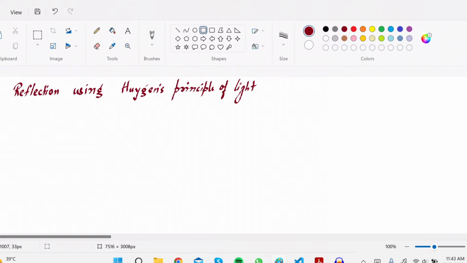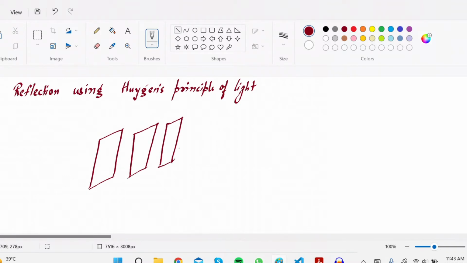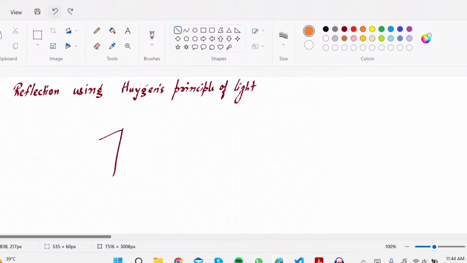For example, let's say this is my plane wavefronts which are emerging out in one particular direction. Then the direction in which the light ray is propagating will always be perpendicular to all these wavefronts. This is the core concept you will require to understand this whole derivation, this and the next one. So let's see now.